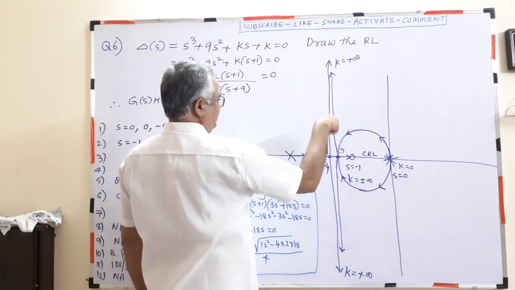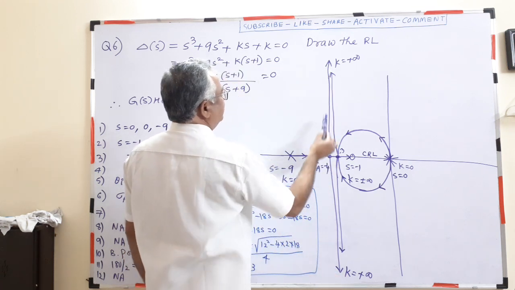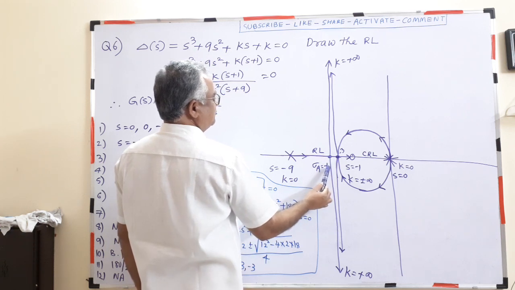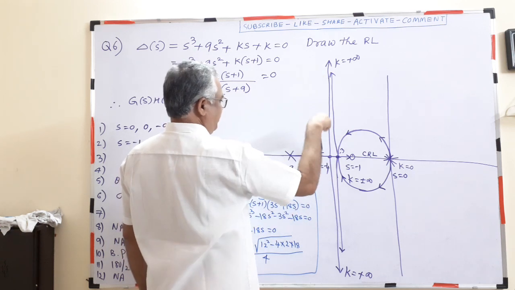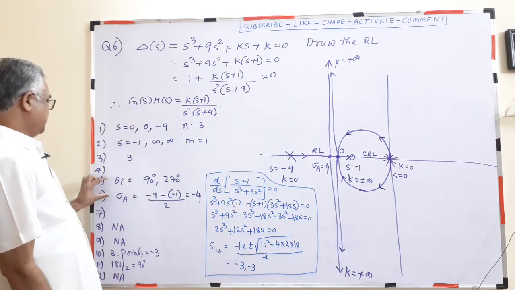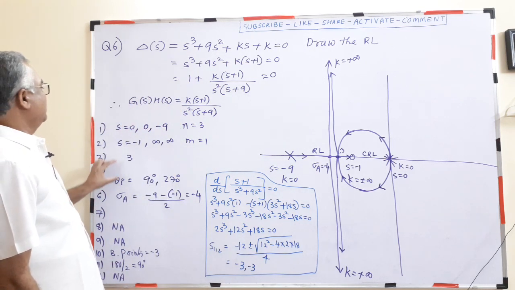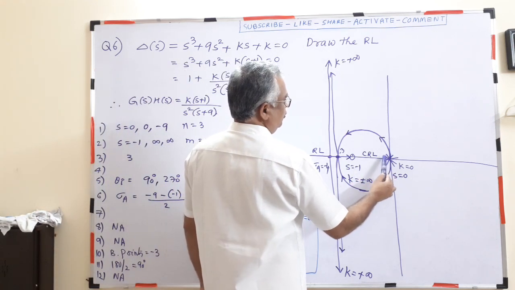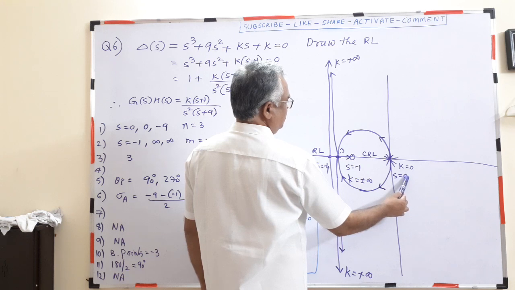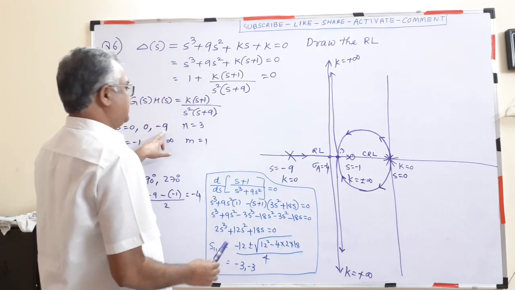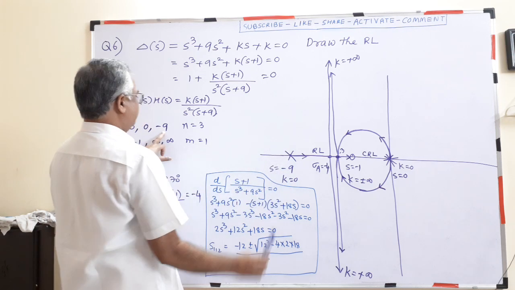This one is 90, this one is 270. These two asymptotes intersect at minus 4 with angles of 90 and 270. Then we have two poles at the origin, s equal to 0, so k equal to 0. And one pole is at minus 9.